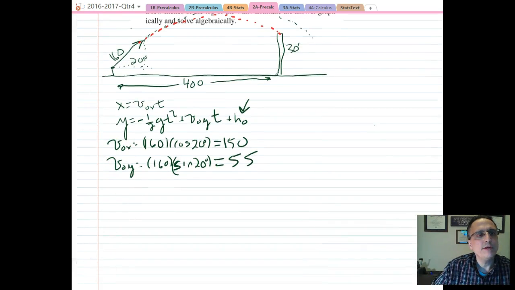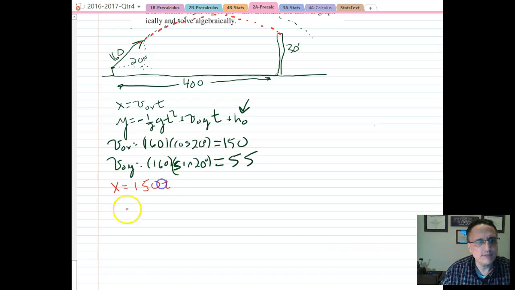Therefore, here are our two equations. We're going to have x is equal to 150 times t. The y equation is y equals minus 16t squared plus 55t plus 4.